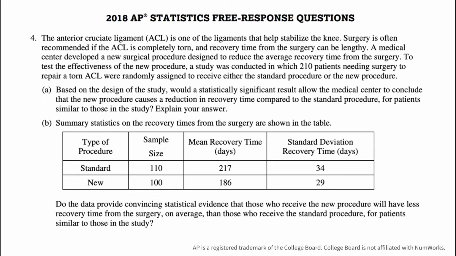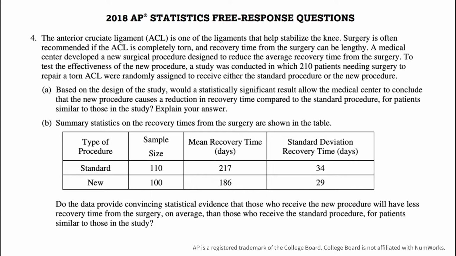What I want to do is jump to question 4, which provides the summary statistics on the recovery times from the surgery and asks if the data provide convincing statistical evidence that those who receive the new procedure will have less recovery time from the surgery on average than those who receive the standard surgery, for patients similar to those in the study. So in part B, we're asked to perform a significance test.